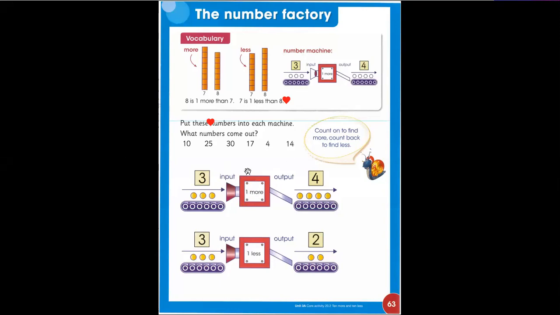If you put in 3 and it goes through the machine for 1 more, the output comes 4. Then with 3 input and 1 less, the machine gives us 2. 2 is the output.